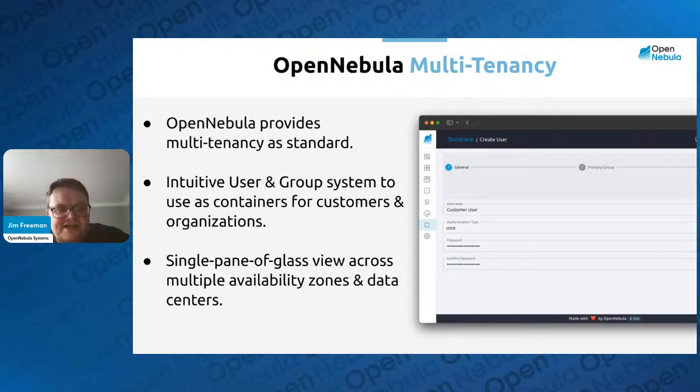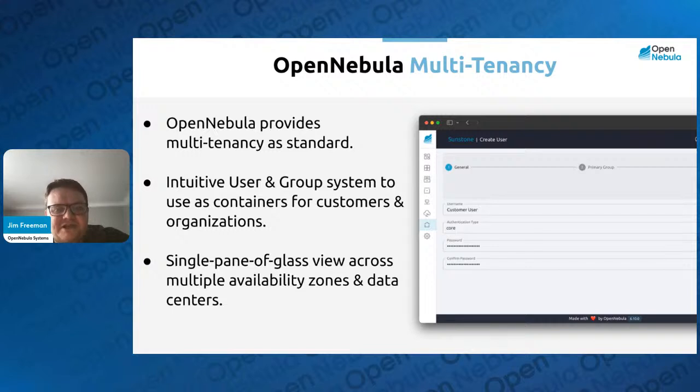As today's webinar is really around cloud service providers, whether you're migrating from VMware or just looking to start, I want to touch on some features that are vital for CSPs. The first obvious one is multi-tenancy.